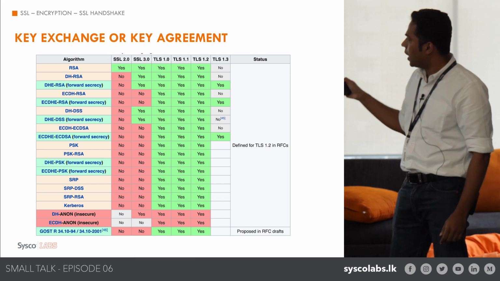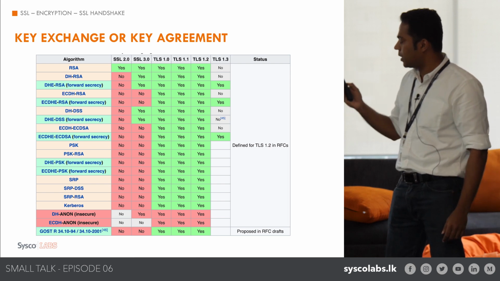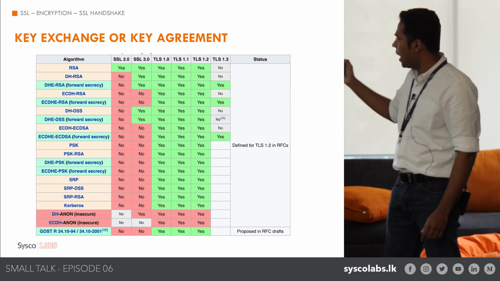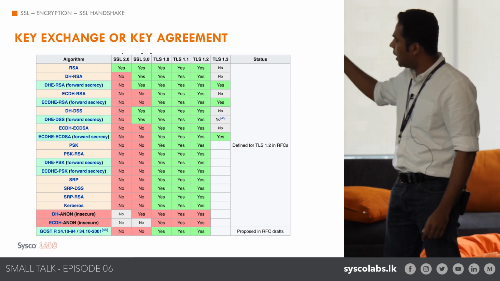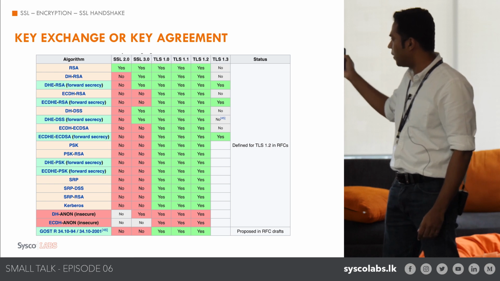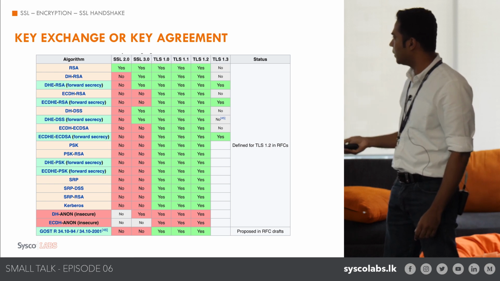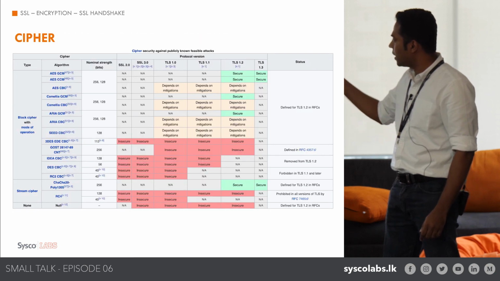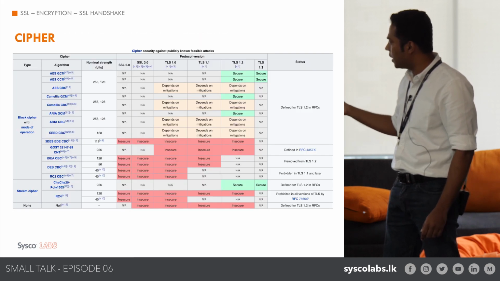Also there are different versions of SSL and TLS, and the supported key exchange algorithms. Some of them are supported in the later versions, and some are not. The encryption algorithms are the same.